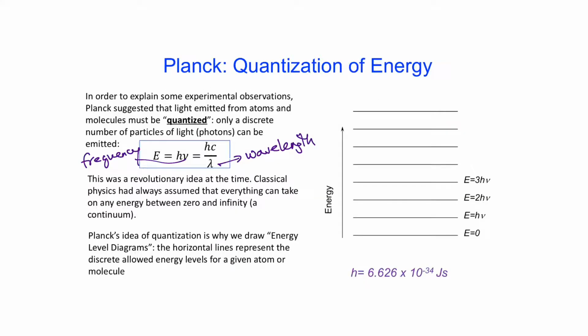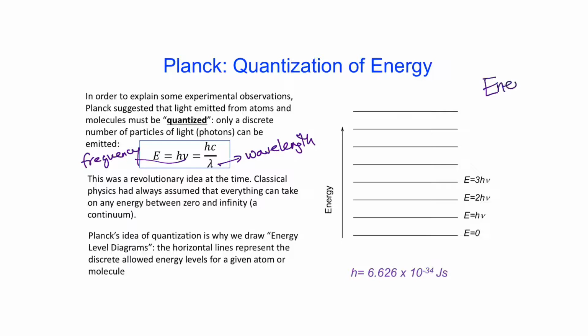What did help to explain it was, again, Planck's introduction of this idea that your electrons can only take on very specific values. So we can write that equation form again like this, and then we can also represent it pictorially. Here's what we call an energy level diagram.